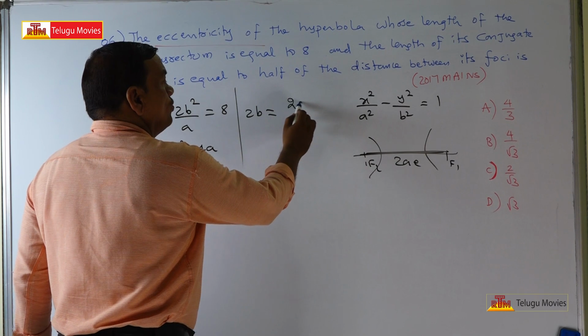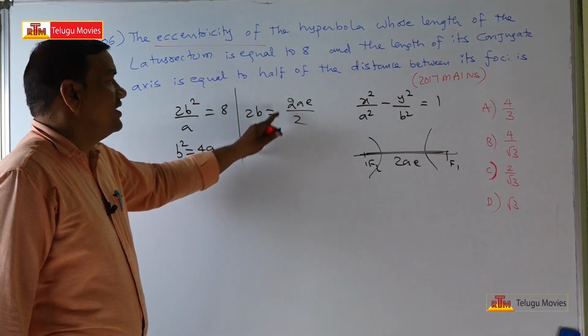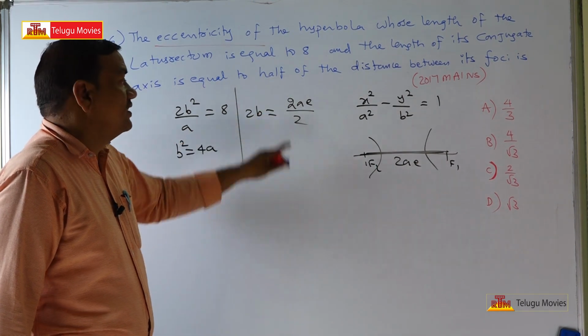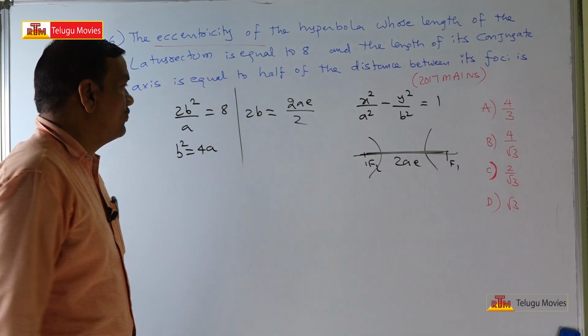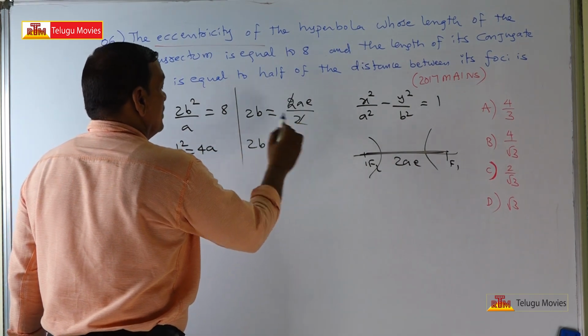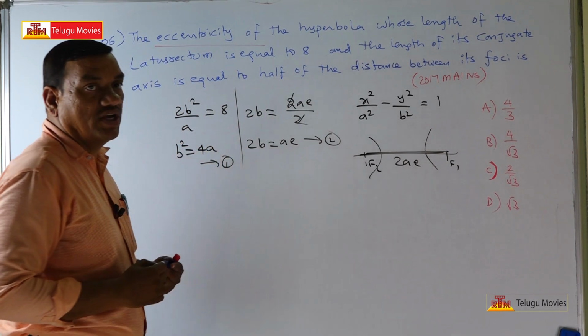That means half of 2ae, that is 2ae by 2. So if you observe, these 2 will get cancelled, 2b is equal to ae. So this is the first information, this is the second information we have.